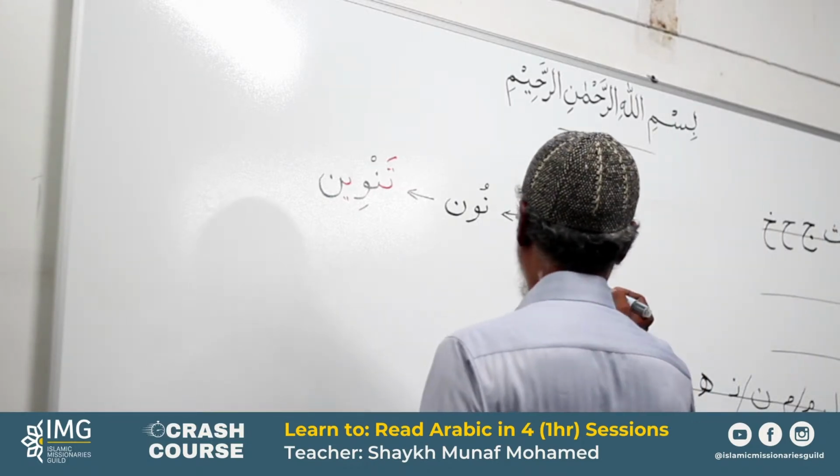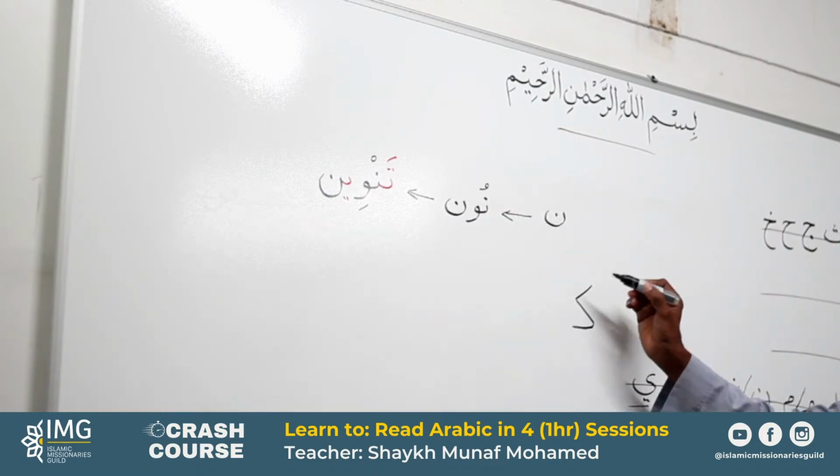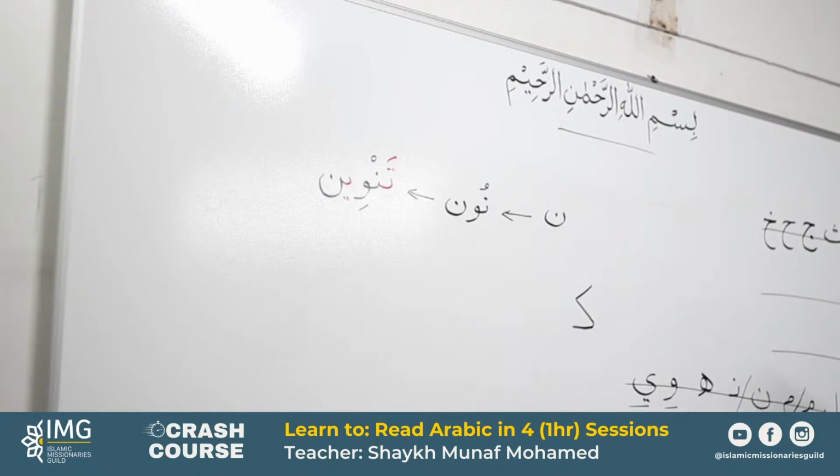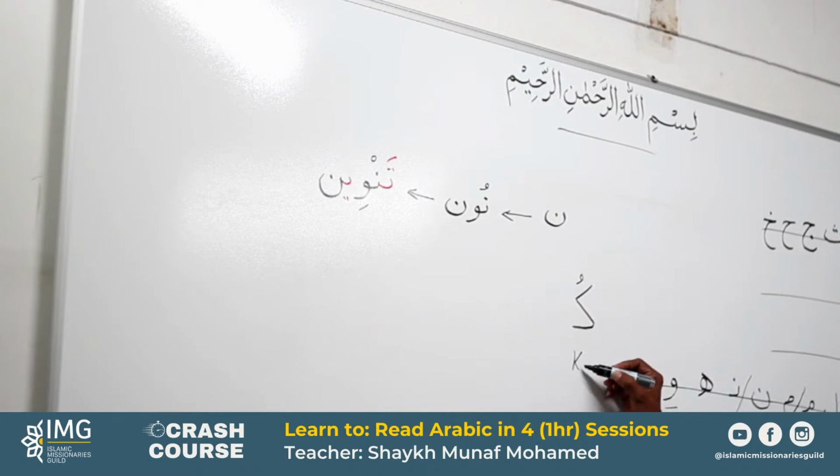If you have the letter, any letter, all right, with any one of the vowels, we're looking at the three short vowels. All right, so we have this, that's ku. Kaf Dhamma is ku.